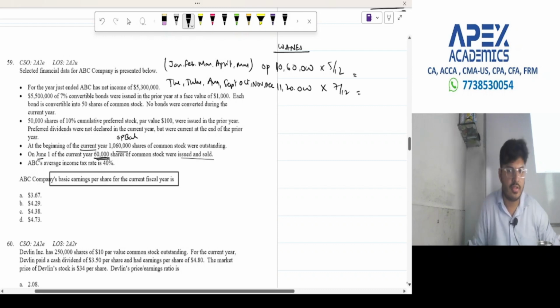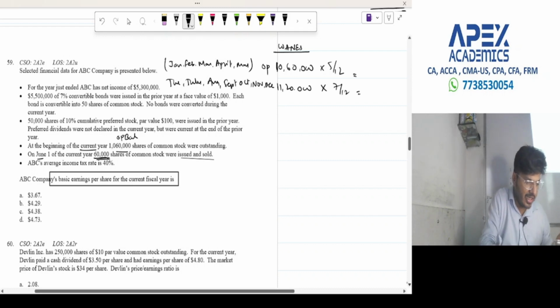Please calculate the weighted average: 10,60,000 divided by 12 into 5, and 11,20,000 divided by 12 into 7. What is your answer?